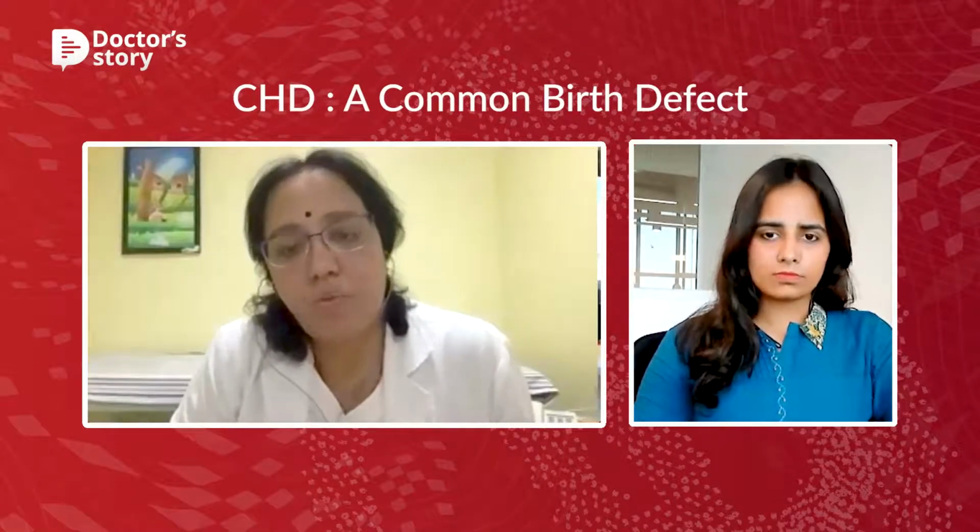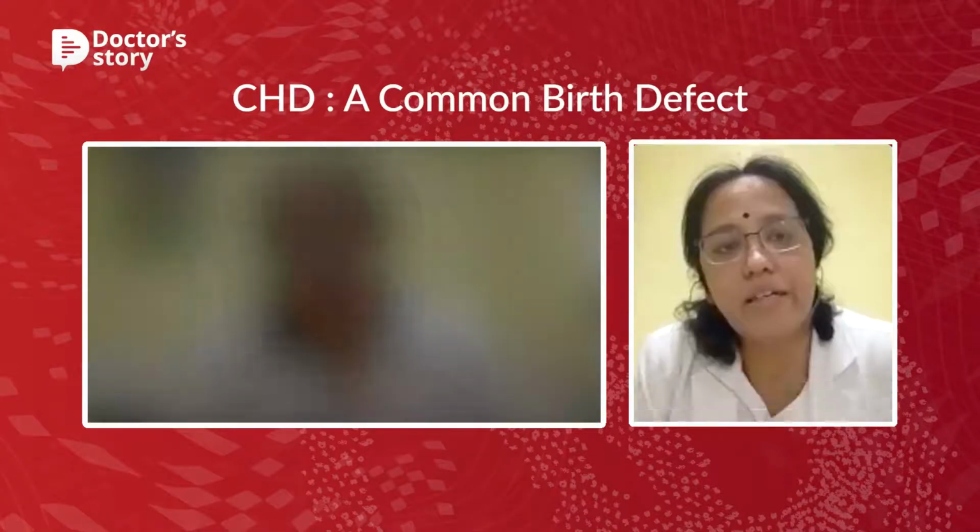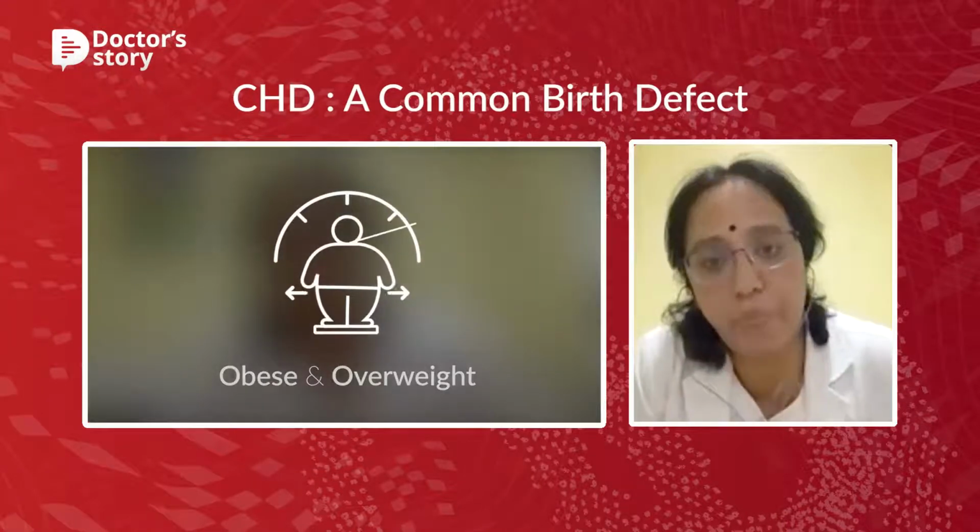Is there any lifestyle routine or something that increases the risk of congenital heart disease? In this current day and age, there are many young adolescents and young women who are falling in the unhealthy range of being obese or overweight.